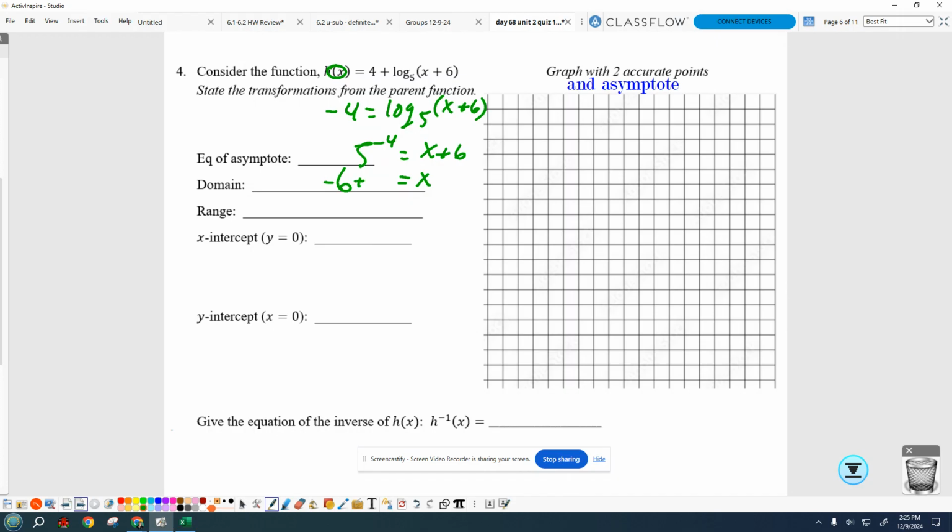Can't you tell that the x-intercept is (-3, 0) just looking at your graph? Potentially. But not in every situation. Correct. I do not expect you to do 5 to the 4th. I don't expect you to do a common denominator, but it's (-6 plus 1 over 625, 0) for the x-intercept.